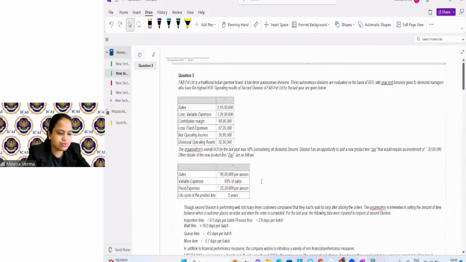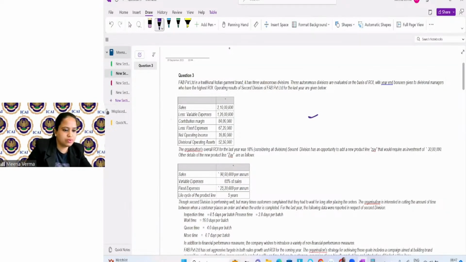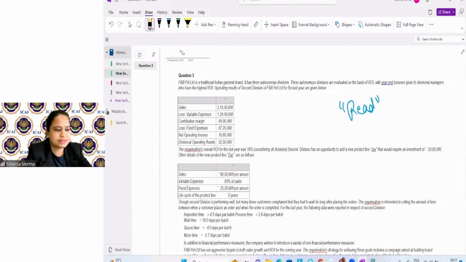So this is a question from manufacturing cycle efficiency. Take your time, read it first, and then we will discuss it. So read this question. Read the question, then we will discuss.